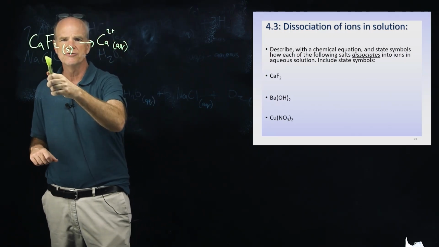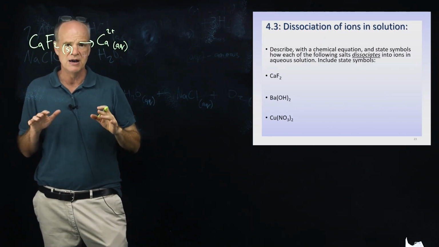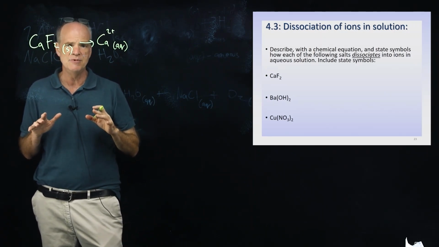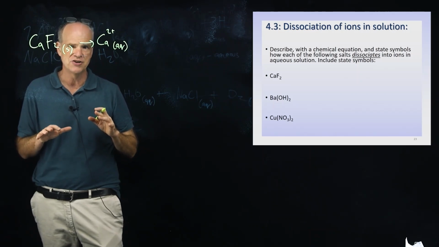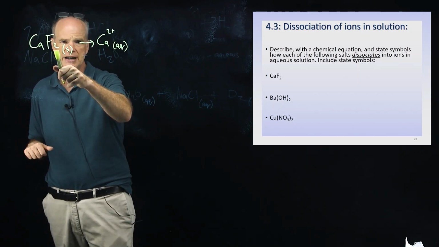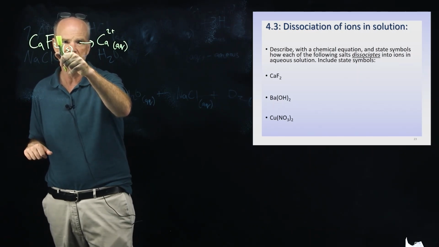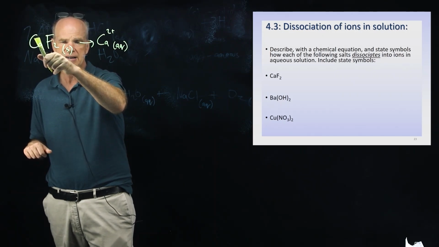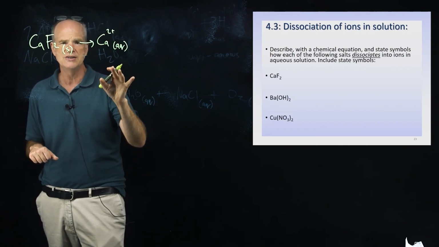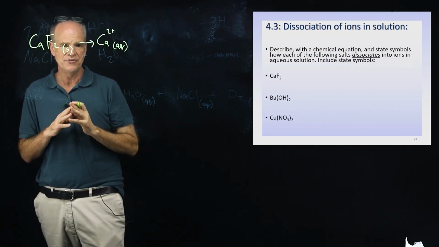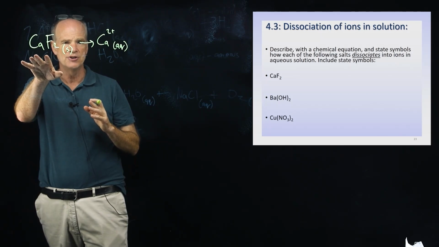Now, going back to the formula unit, you might remember when we're naming a compound or writing a formula, we need to balance charges. So we took two fluoride ions, each with a negative charge, to balance a single calcium ion with a 2+ charge.